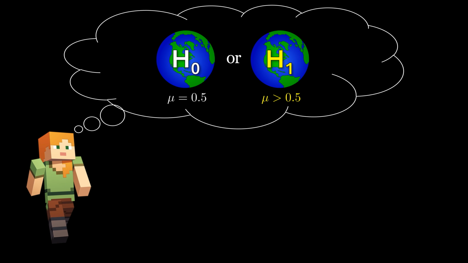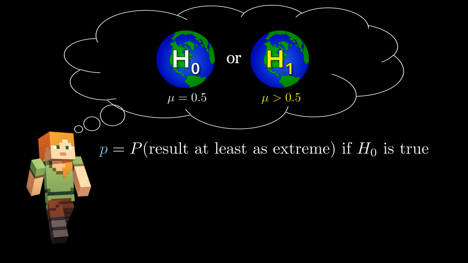Remember that the goal of a hypothesis test is to compare two different hypotheses, or two different worlds that we might live in, and try to guess which hypothesis is the true one. We then assume that the null hypothesis is true and calculate the p-value as the probability of getting a result at least as extreme as our observed result, if this assumption holds.